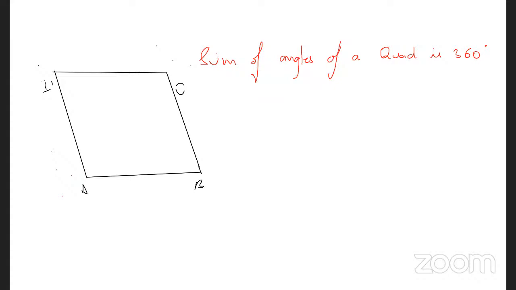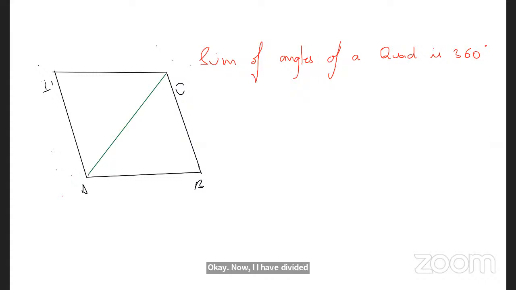Now, we will divide this quadrilateral into 2 parts using a diagonal. Let's divide it using the diagonal AC. Now I have divided this quadrilateral into 2 parts.